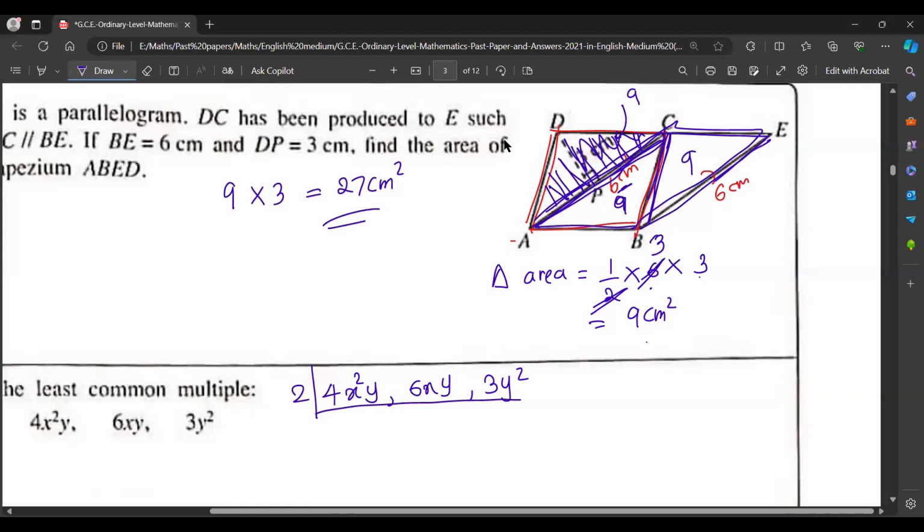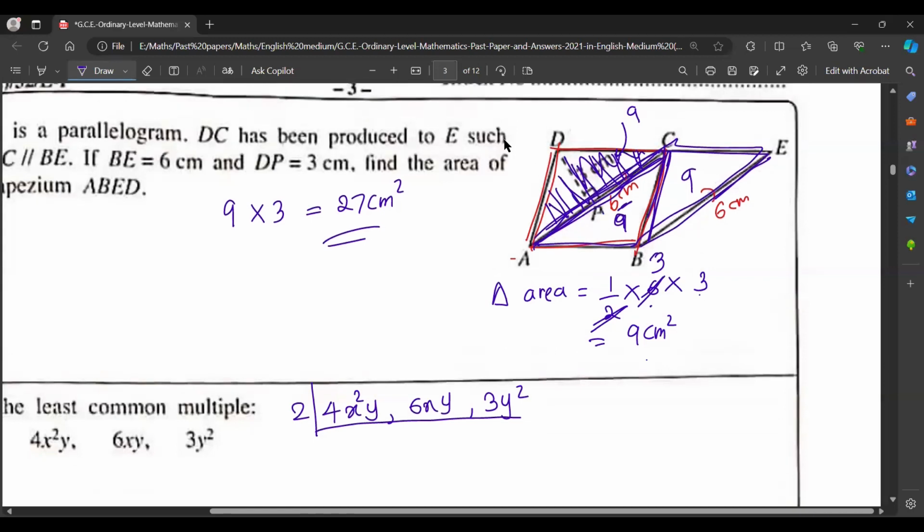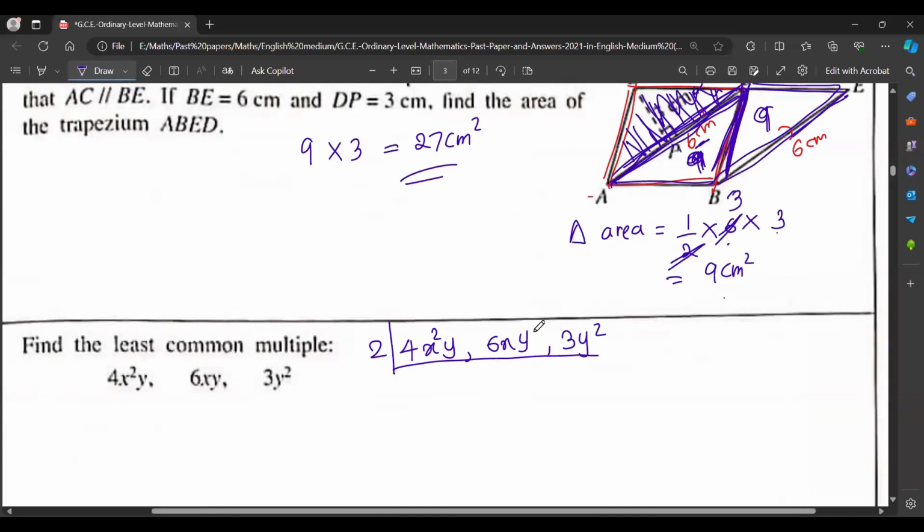These two areas should be equal because this diagonal bisects it. This ABC is another parallelogram, and BC is another diagonal, so if this one is 9, this one also should be 9. So they have 3 of them, and 9 into 3 is 27 centimeters square.